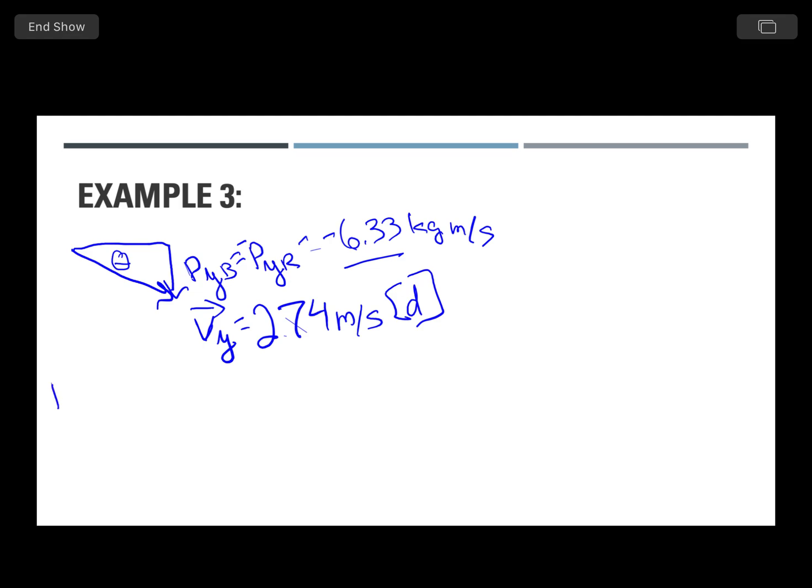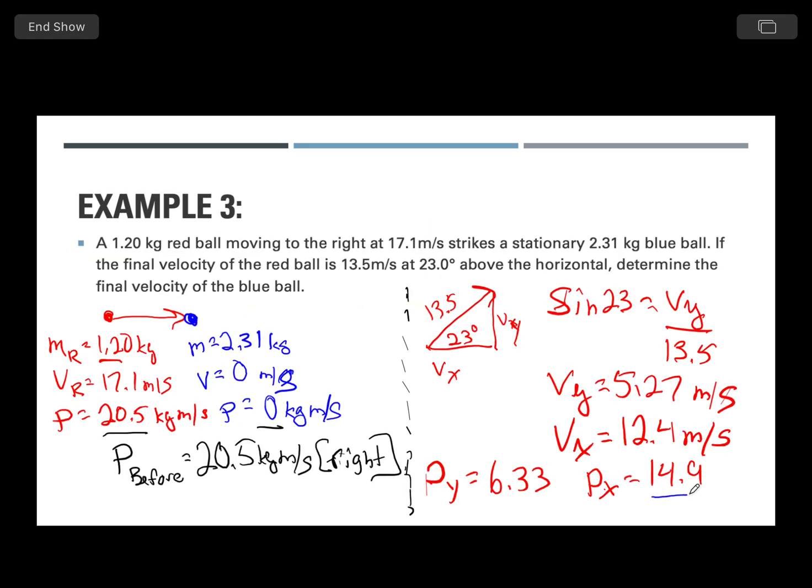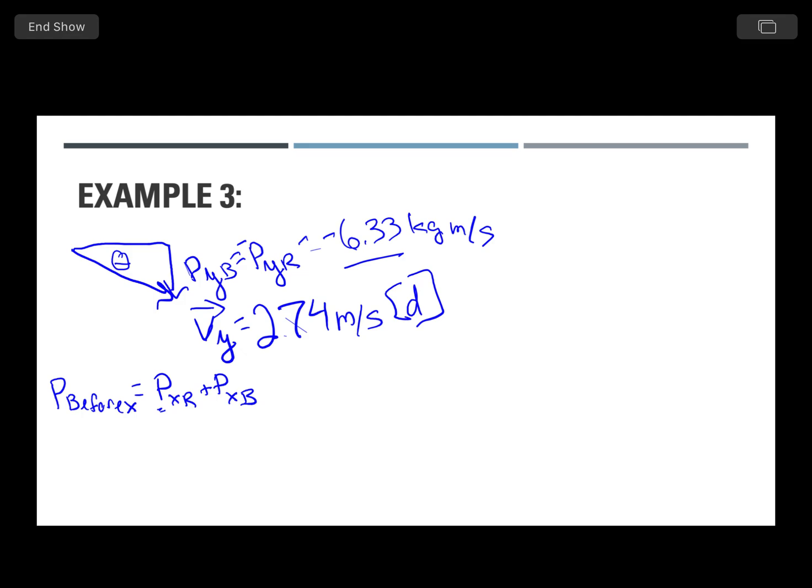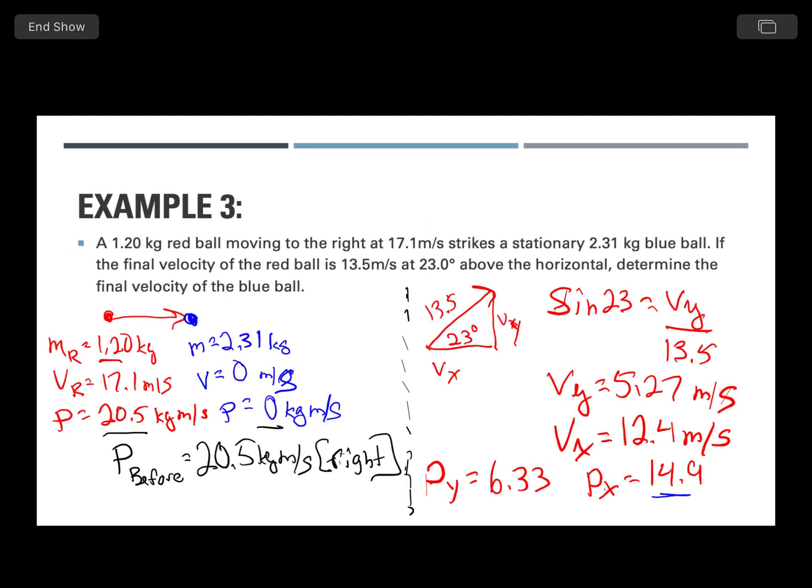My momentum before is going to be equal to my momentum after. My momentum after, at least in the x, is going to be my momentum of the red one plus my momentum in the x direction of the blue one in the horizontal direction. Okay, well, I know this value. I just calculated it up here to be 14.9. So a little rearranging. Oh, and I knew this value because that was 20.5.